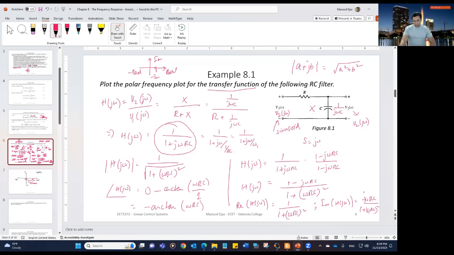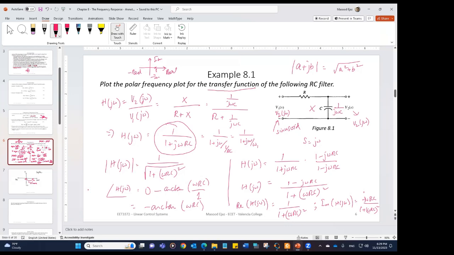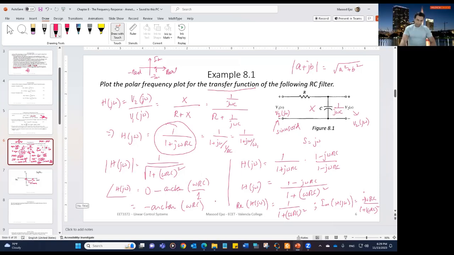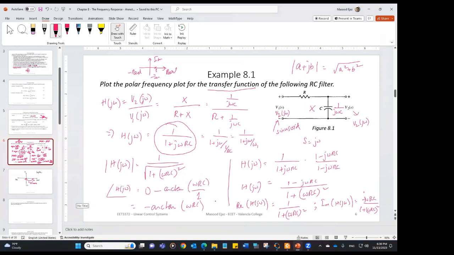This should be 1, but the magnitude is going to be 1 over square root of 1 plus 1. 1 over square root of 2. Right? Yes, 1 over square root of 2. And what will be the phase at that point? Negative 45. Negative 45, exactly right.